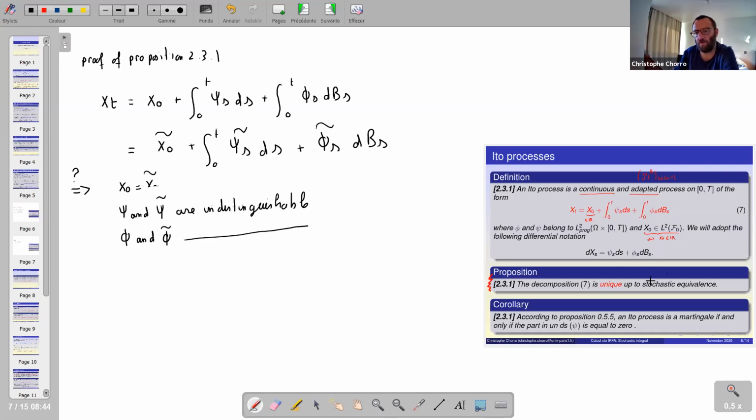This is the meaning of uniqueness up to stochastic equivalence. So we have to prove this.